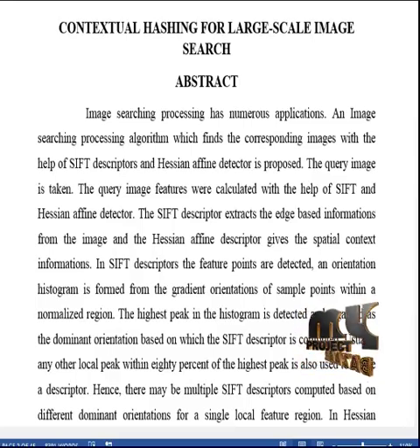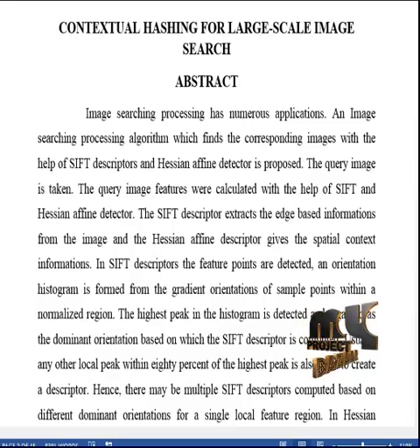The highest peak in the histogram is detected and regarded as the dominant orientation, based on which the SIFT descriptors are extracted. The local peak regions within the highest peaks are also used to create detectors. Hence, we multiply the SIFT descriptor components based on different orientations for a single feature region.